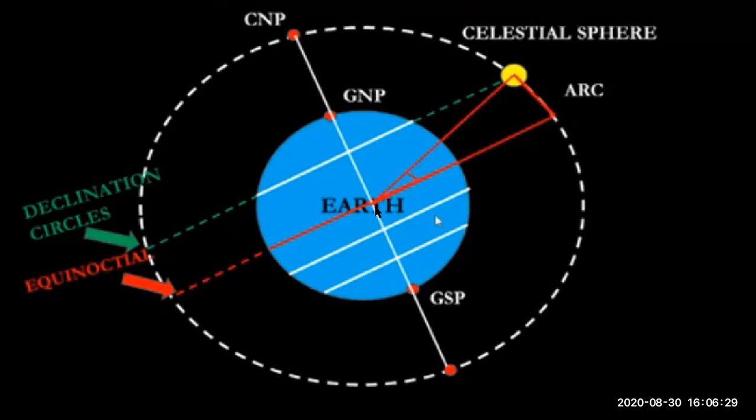And it will be measured like latitudes, north and south of the equinoctial, going up to a maximum of 90 degrees.